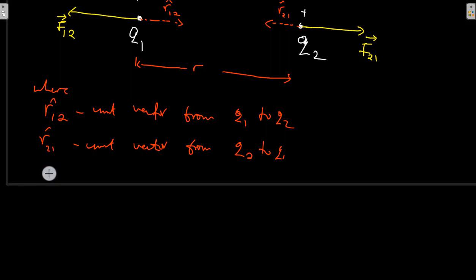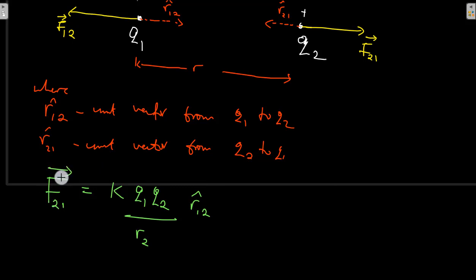So Coulomb's law will be written as follows. The force on charge 2 due to charge 1 is going to be given by K Q1 Q2 divided by R squared, and here we'll have R cap 1 2 because we have to consider the direction of the force.